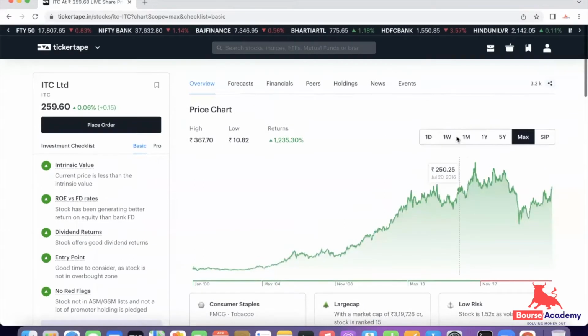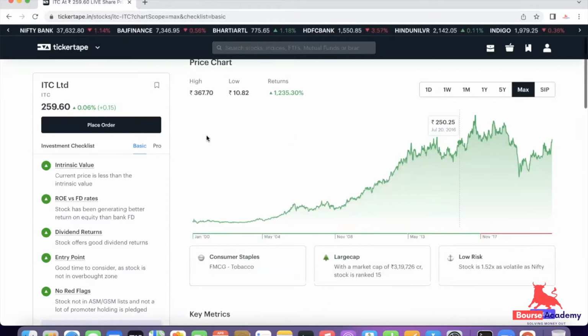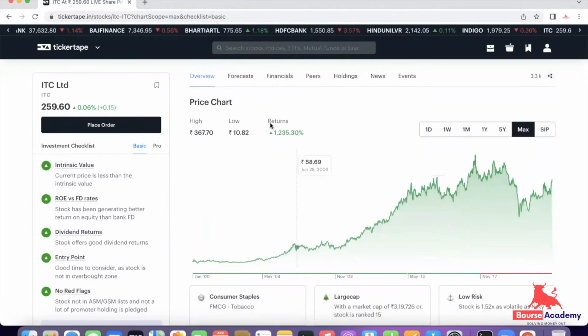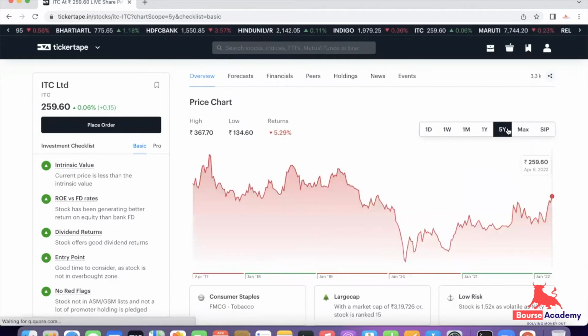Here we can find out what the lifetime high of the share is and what the lifetime low is. Simply by using this we can learn how to see the lifetime high, and this gives you the overall return: the share has become more than 12 times in the maximum time frame. Besides this, if you see the 5-year high and low, the 5-year low was 134 at the time of Corona, and the 5-year high was 367.